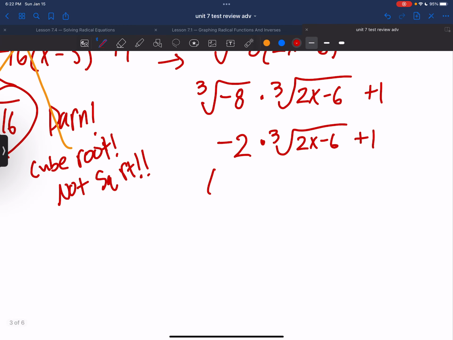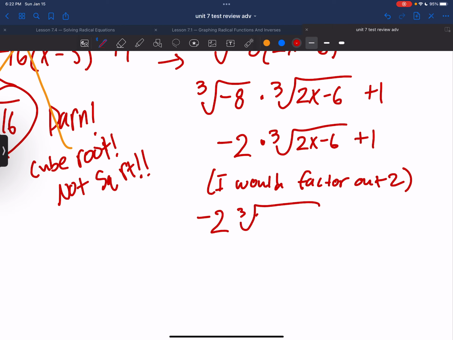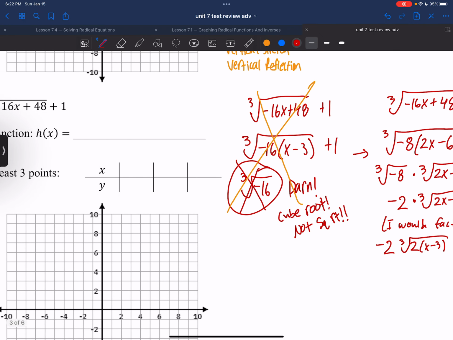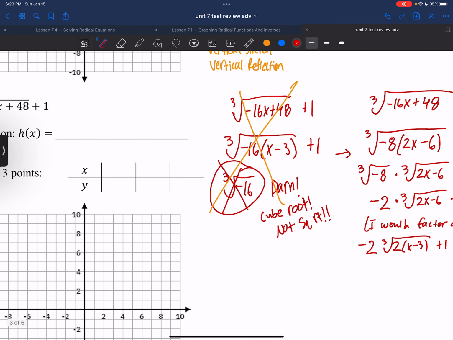And I would factor out 2. That way it's negative 2 cube root 2x minus 3 plus 1. The reason for this is it'll tell you where your endpoint is much easier. Negative 2 cube root 2x minus 3 plus 1. Okay?